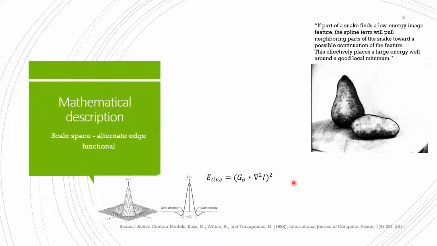Probably we have learned the Marr and Hildreth edge detection technique, in which the main concept is that we first smooth an image with G sigma.